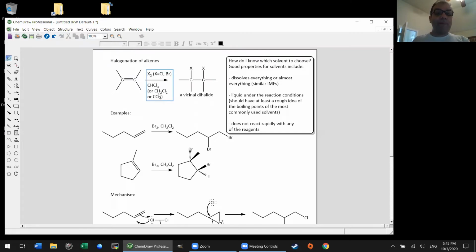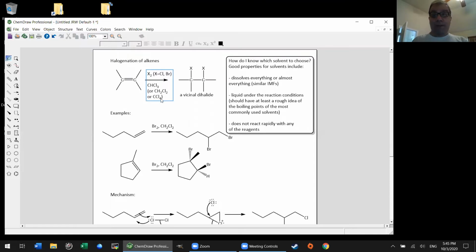Now you will notice I'm also mentioning only the hydrochlorocarbons here. You might wonder if these could be chlorine or bromine compounds. And the answer is no, those compounds do exist, but they're a good deal more expensive. And I'm not even sure if bromoform is a liquid at room temperature.